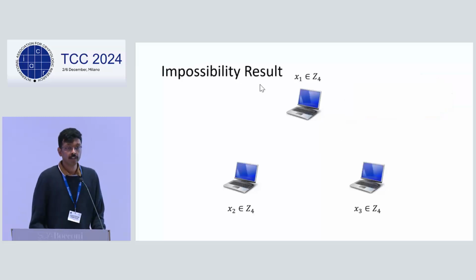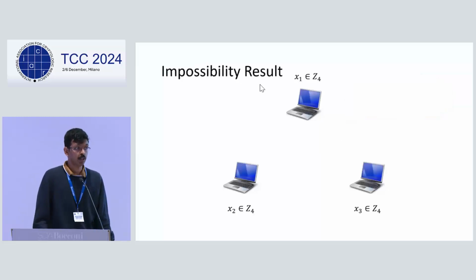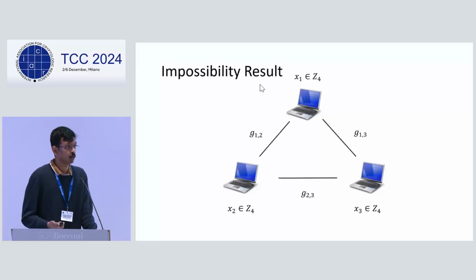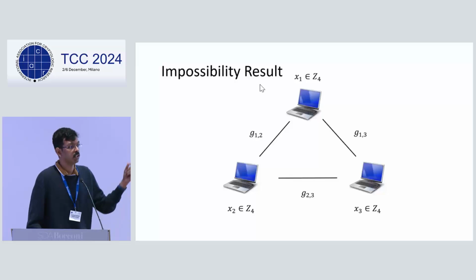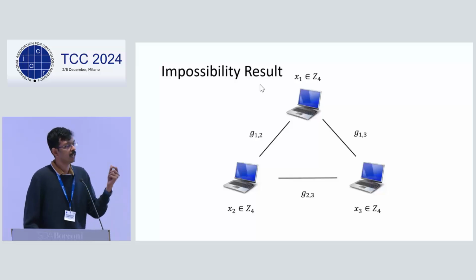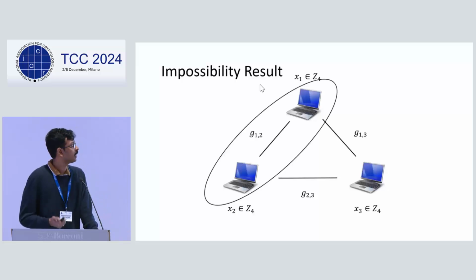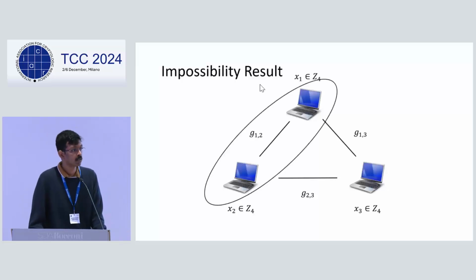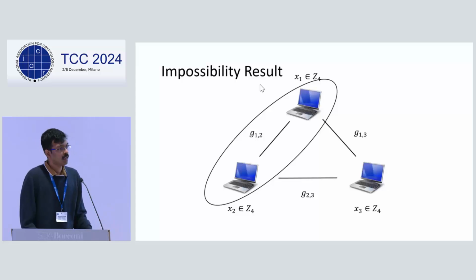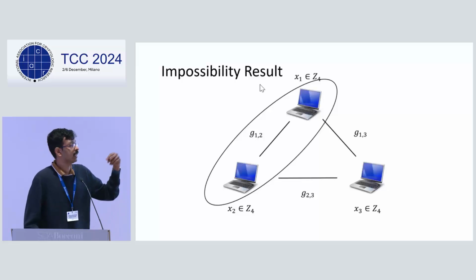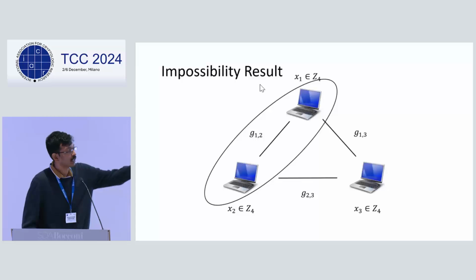Assume, for the sake of contradiction, that there is a secure protocol that computes this function with parallel calls to 2-ary functions, namely G12, G23, and G13. Now consider an adversary that corrupts both P1 as well as P2. This adversary behaves honestly when it is interacting with the oracles G13 and G23.